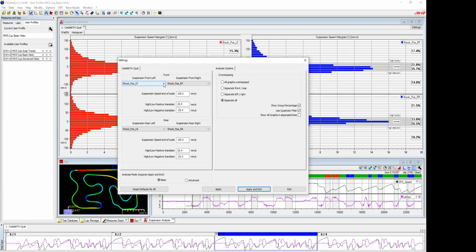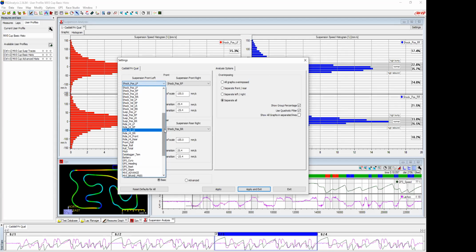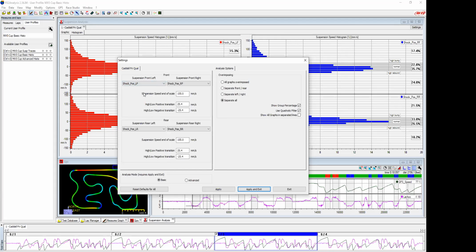You need to pick the channel that is what you're after. I could have picked the raw potentiometer information, but typically what's most important is wherever you're putting your adjustments. I wanted the shock position left front. That's why you see that that's the one that we've got up here. Make sure that you apply your motion ratios, anything you need to do to get to the true shock shaft movement, and that's the one that you should have as part of your settings here. You'll notice that it's all shock position.